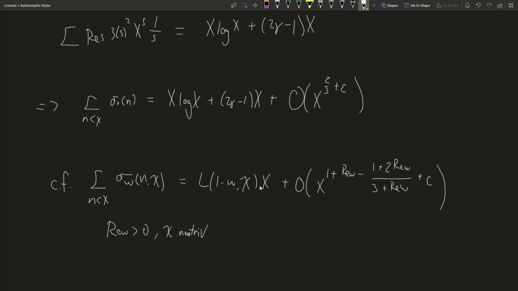So here, the growth was linear in x, that this had size 1 on average, and here we're seeing that it has size log x on average. So these choices that we made, setting w to 0 and taking our character to be trivial, changed the behavior, and that's kind of neat.